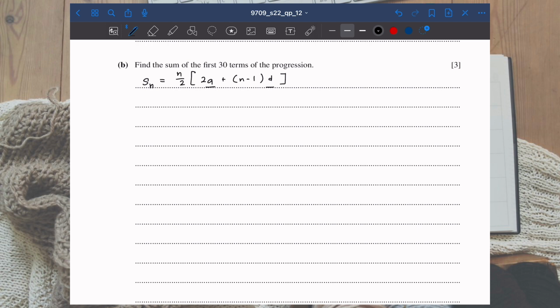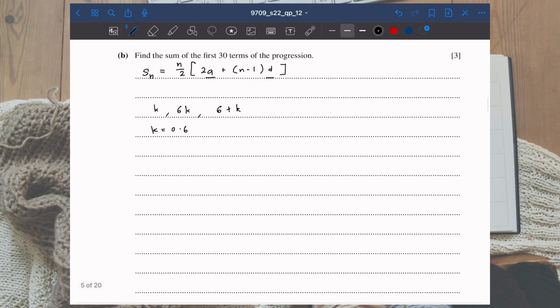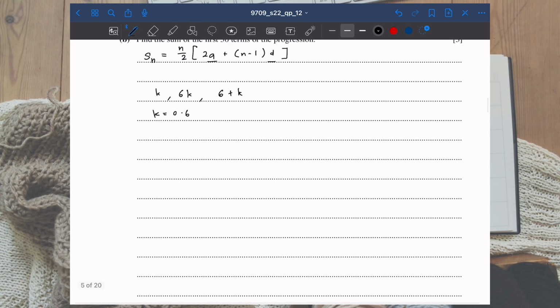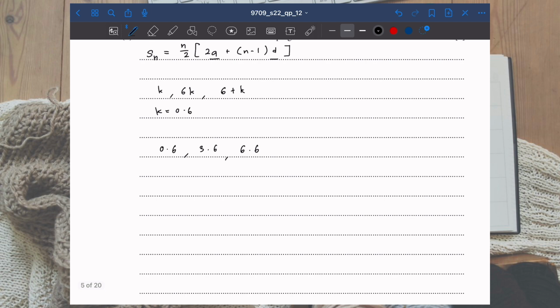So we had our progression, which is k, 6k, and 6 plus k. And we found our k, which was 0.6. So our progression will be 0.6, 3.6, and 6.6. So our difference will be 3, because we're adding 3 each time.